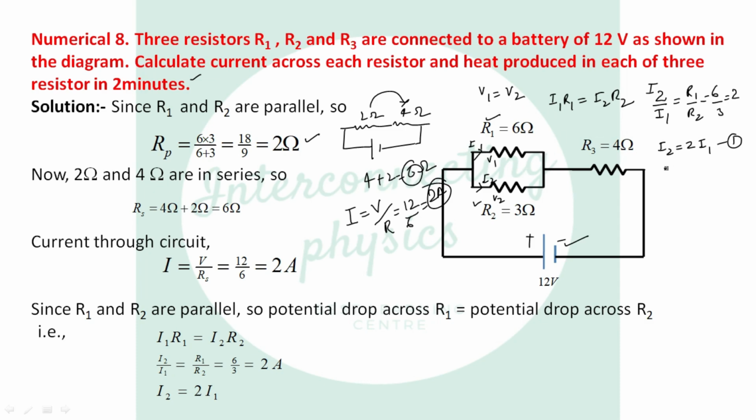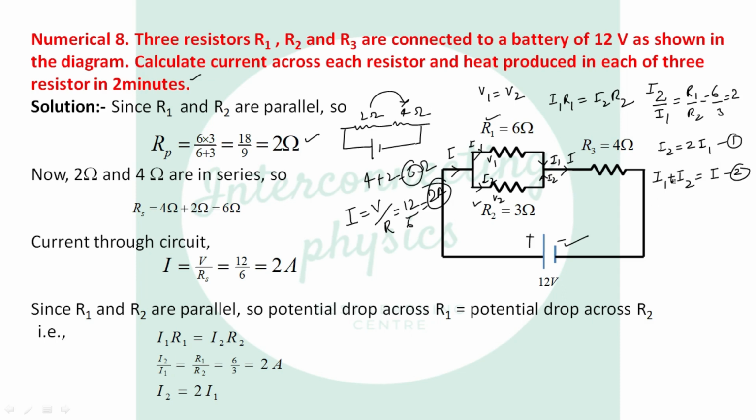Okay. Now we know that I1 plus I2 will be equal to I. Let us say the current I is going through here, then it gets divided into I1 and I2, and here both currents will be added and become I. So I1 plus I2 is I, equation number 2.